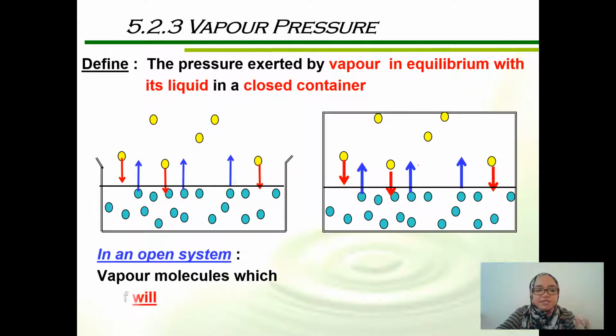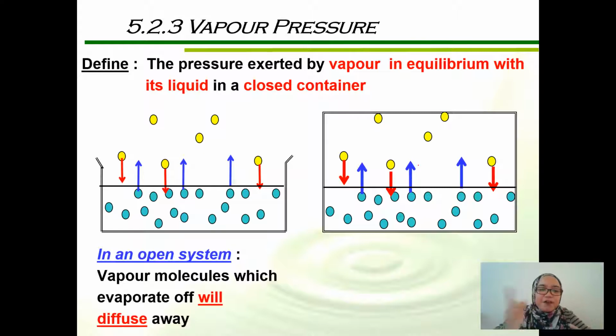So, in an open system, vapor molecule which evaporate will diffuse away. Yalah, bila dekat open system, the liquid go into the gas state, dia jadi vapor molecule, they will evaporate and will diffuse away to the surrounding.